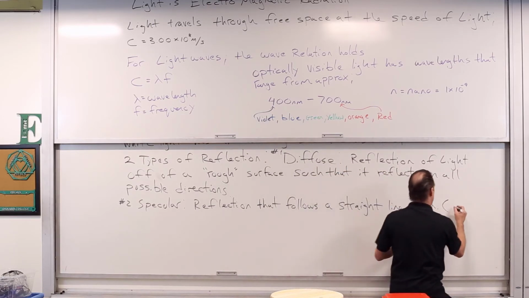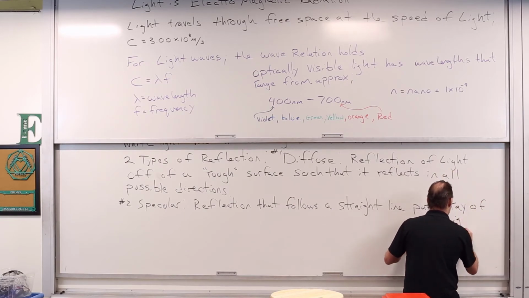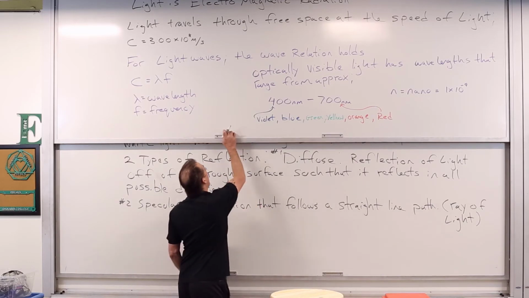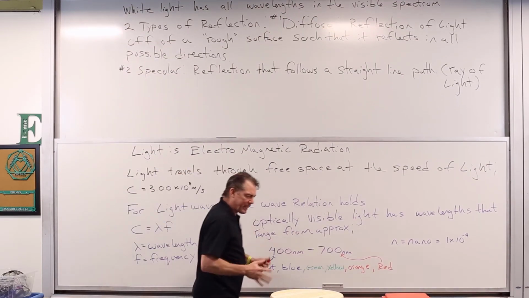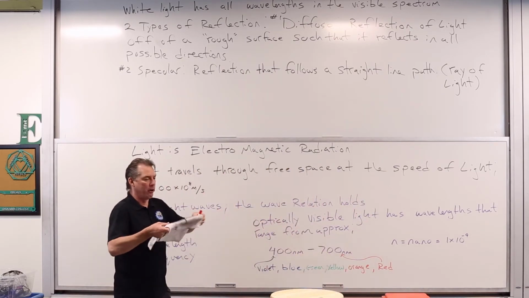So it remains like a ray of light or a beam of light, if you will. So in either case, we've got that there is what is known as the law of reflection.